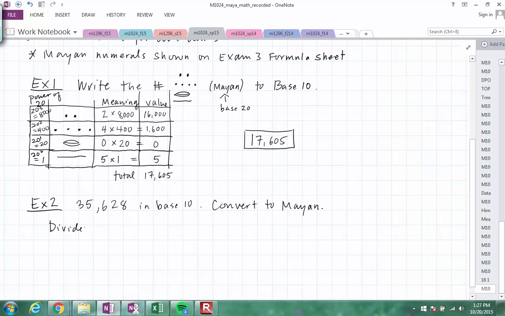So let me write out what we need to do. We need to divide by the largest power of 20 possible.